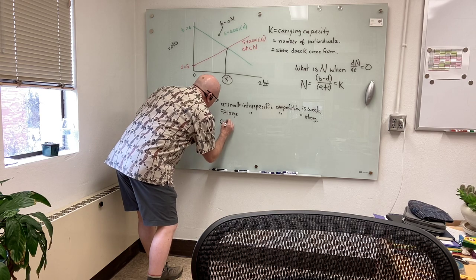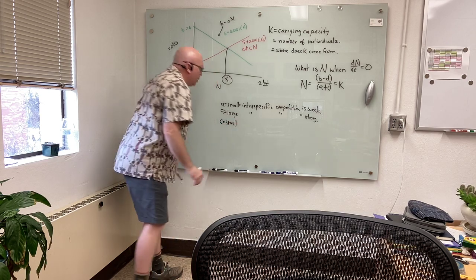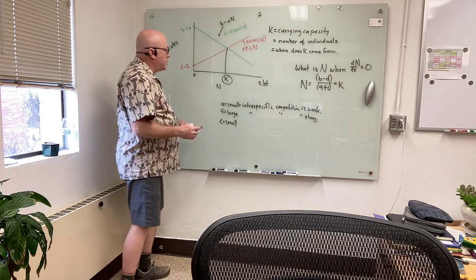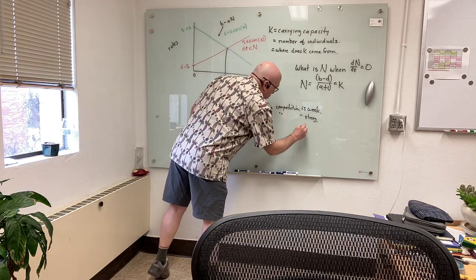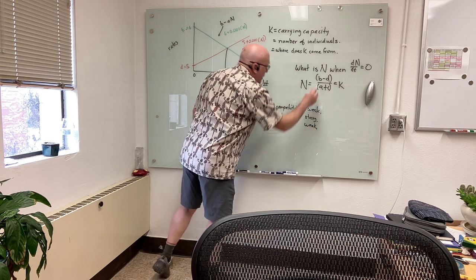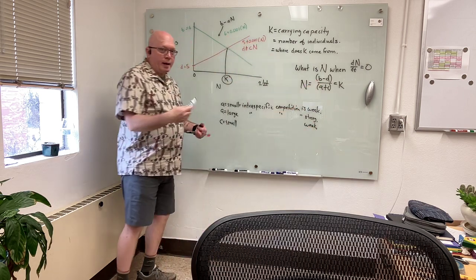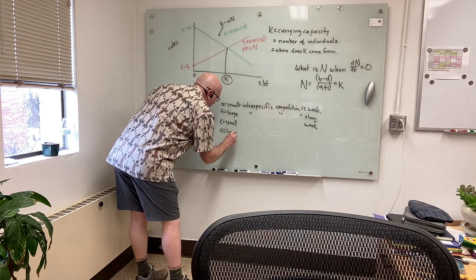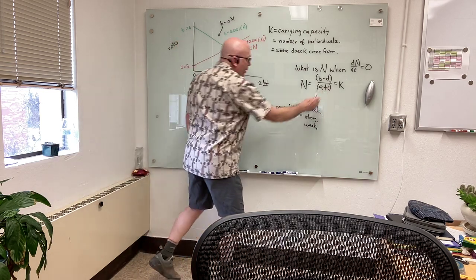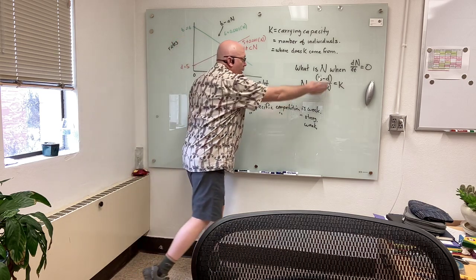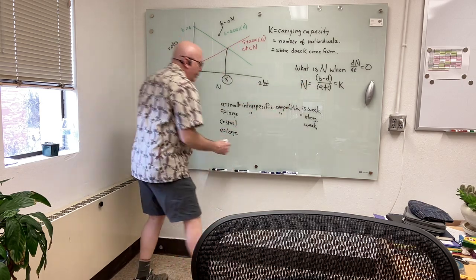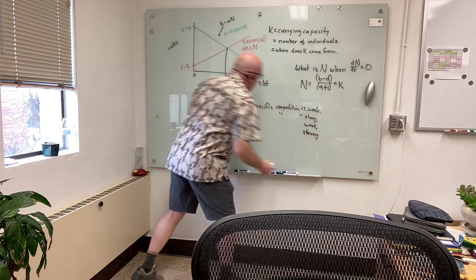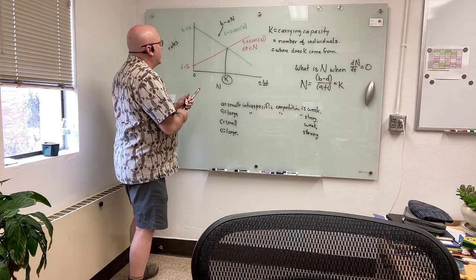Same thing with C. If C is small, the death rate isn't influenced by population size very much. And so as a result, competition is weak and carrying capacity is bigger because you can have more individuals on the landscape. But as C gets larger, the denominator here gets larger and carrying capacity goes down. Okay, so we can actually show this by altering this equation.